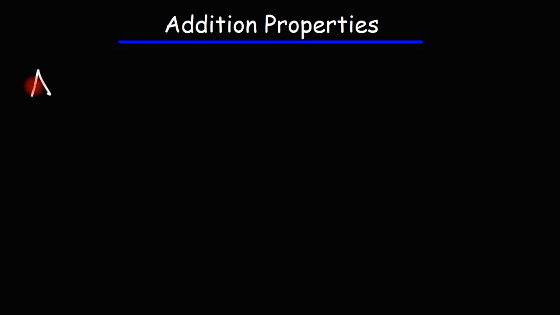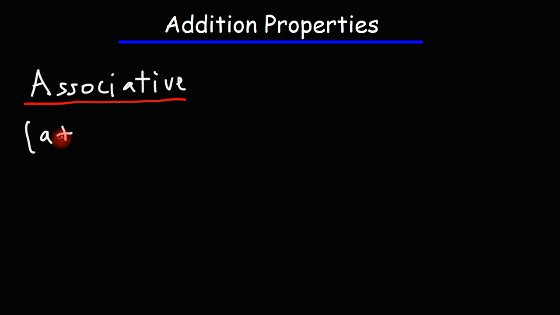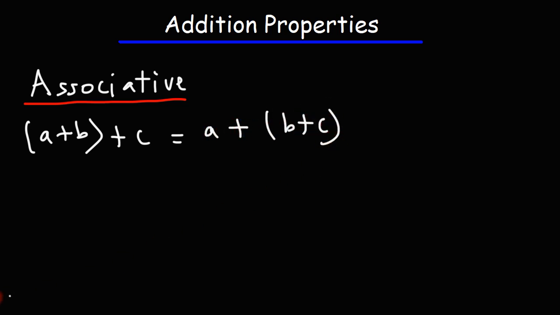Now let's move on to the associative property of addition. The formula that goes with that is this. A plus B, plus C, is equal to A, plus B plus C. Now, when you're only adding numbers, the order upon which you add doesn't matter.